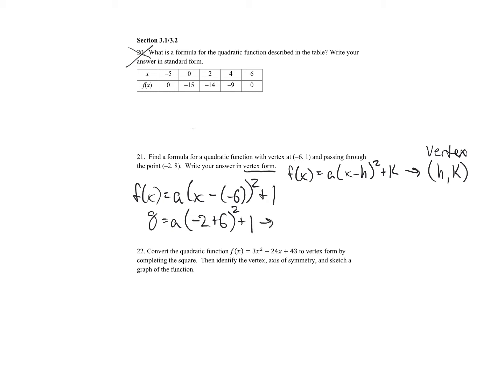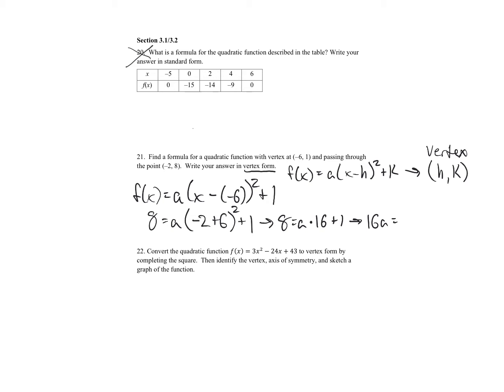With this, we can solve for our a. So let's see here. We have 8 equals a times, 6 minus 2 is 4, and 4 squared is 16, so a times 16 plus 1. And then from there, we'll have 16a, and I did flip the sides right there.